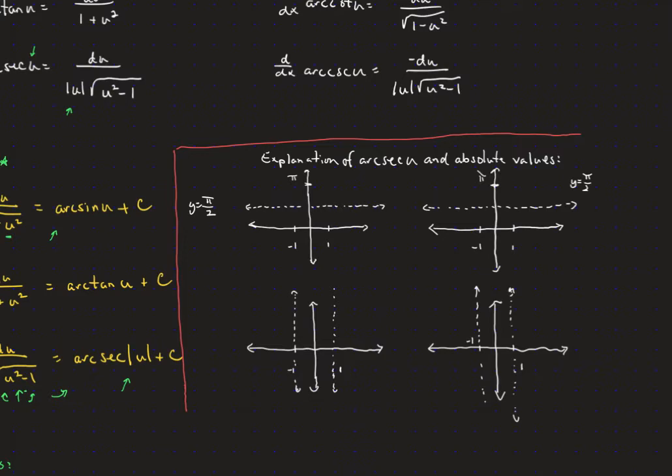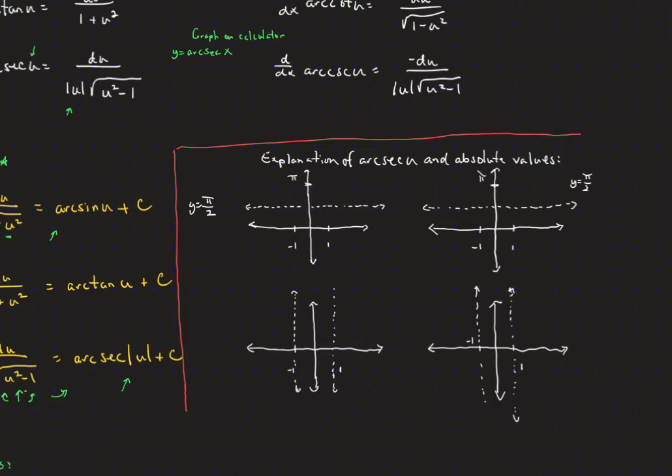Now, just to graph an arc secant is not an easy thing, even when we are going to use our calculator. So I'm going to just call this arc secant of x. So not going to make it a chain rule here. Now, to graph this on our calculator, we have to do a little bit of work here. So here's what we're going to have to do.